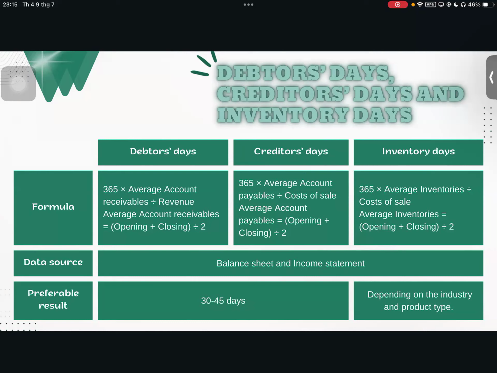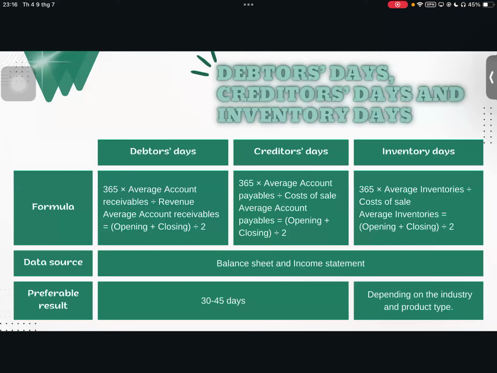An efficient business should be able to collect the debt from their customers, pay off the debt to their creditors, and manage their inventories. All these things will be expressed through different financial ratios. So we have three different ratios here: the debtors days, creditors days, and inventory days.